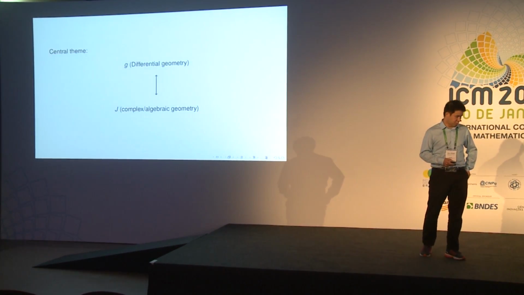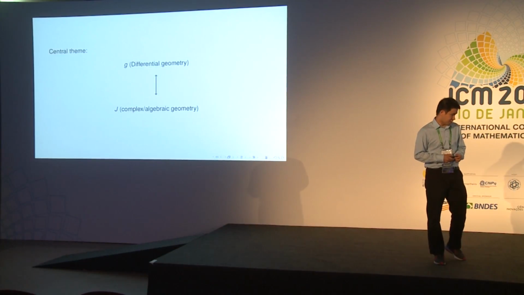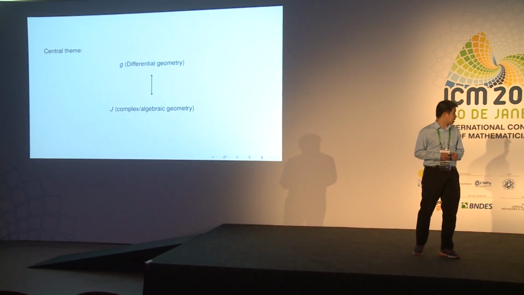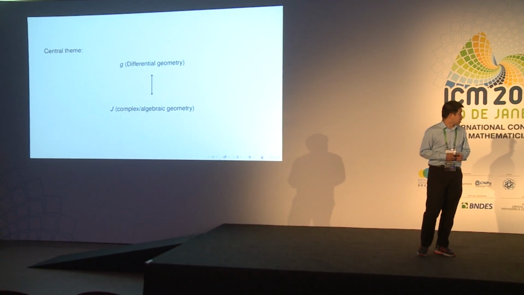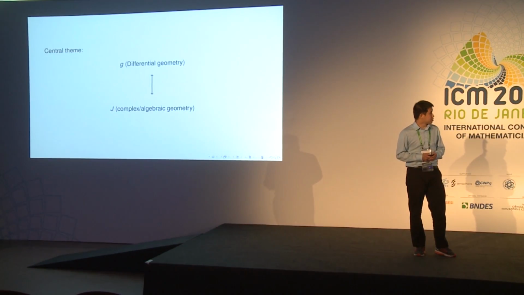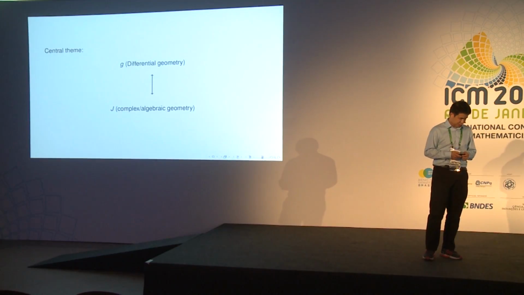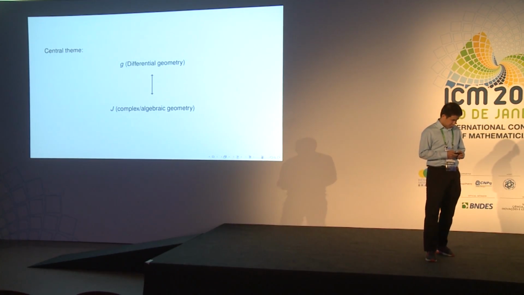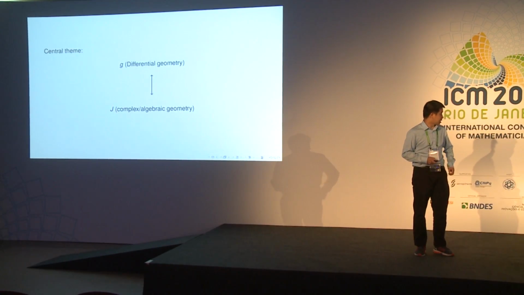An interesting feature of Kähler geometry is the interplay between the metric aspect and the complex aspect. It can be viewed as a correspondence between differential geometry and complex algebraic geometry.